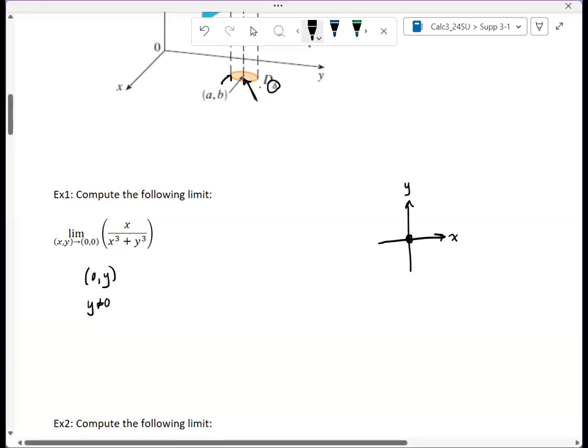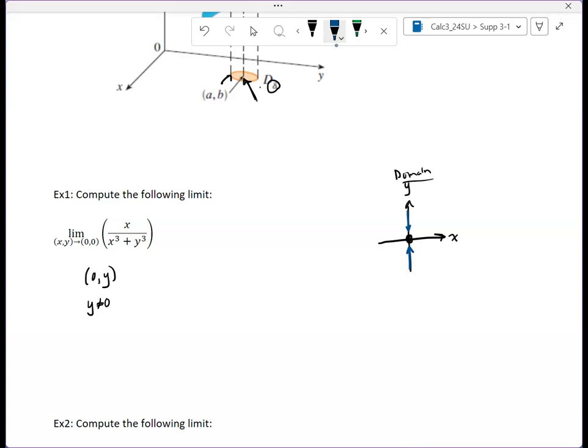My point of interest is (0, 0), and this is representing the domain space. If I take x to be 0, then I'm approaching along a path like this, either from the positive y-axis going down towards (0, 0), or from the negative going up towards (0, 0).